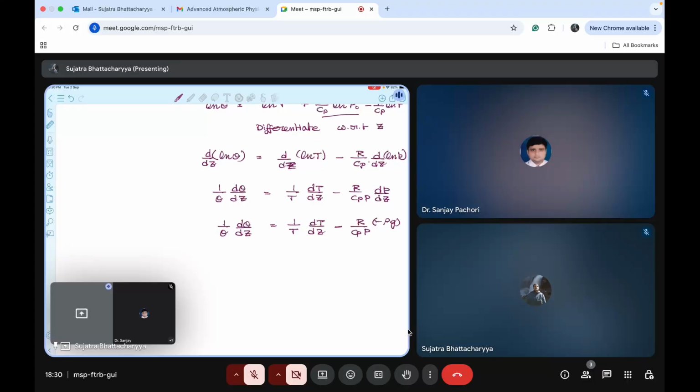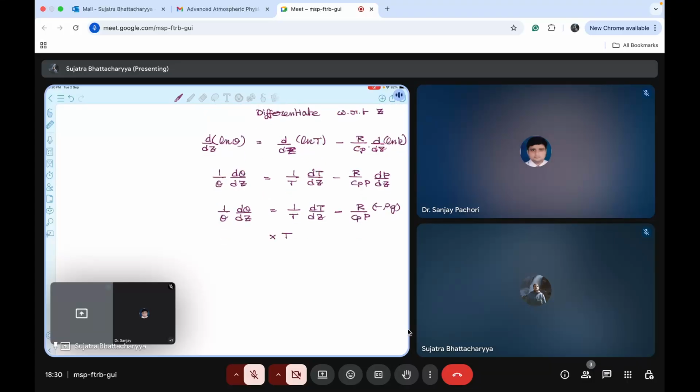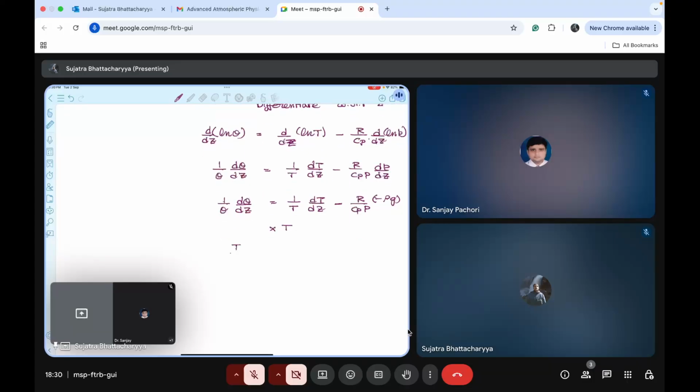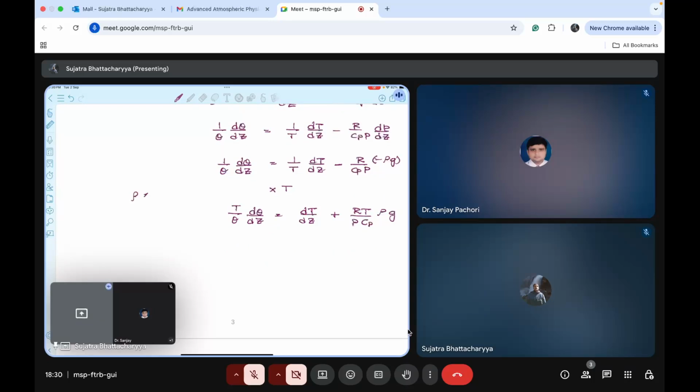So what we next do is that we multiply with temperature both sides. So we have T by theta, d theta dz. If you multiply T here, it will be only dT dz. Minus minus becomes plus R p by p Cp rho g. Remember, from ideal gas law, rho is what? P by RT, correct?